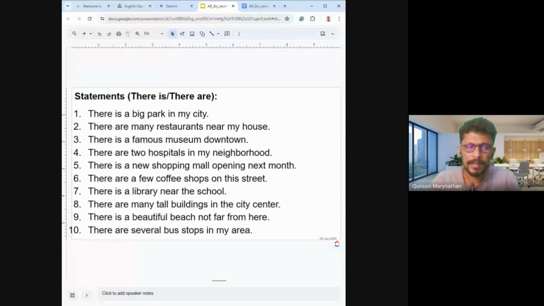There is a library near the school. There are many tall buildings in the city center. There is a beautiful beach far from here. There are several bus stops in my area.